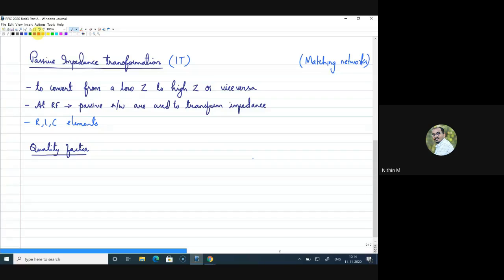Okay. We have defined the selectivity of a filter in terms of quality factor. If you remember, even in network analysis, you would have studied one more definition for this quality factor, 1 by Q, frequency selectivity. Yeah, with respect to filters, it is selectivity. And now one more definition we usually give for quality factor.